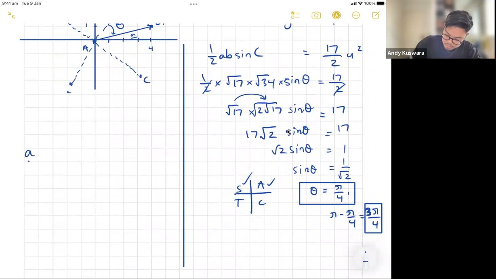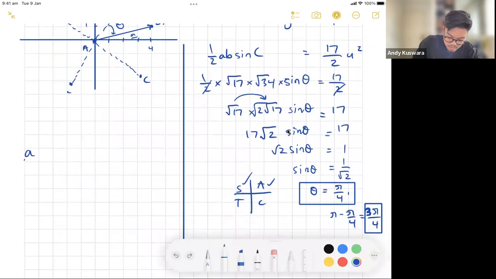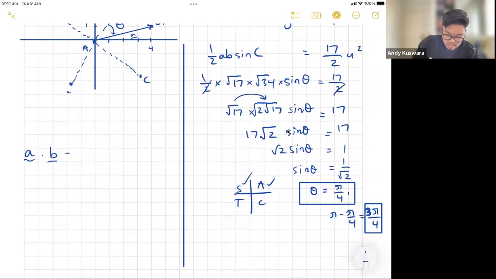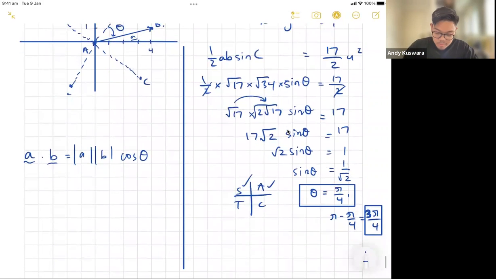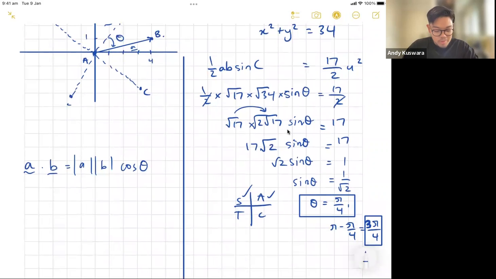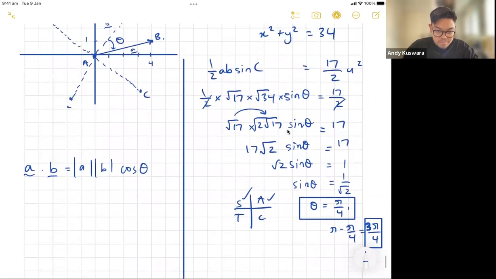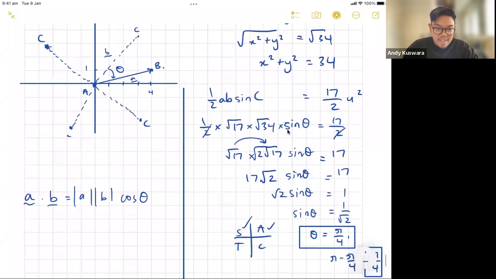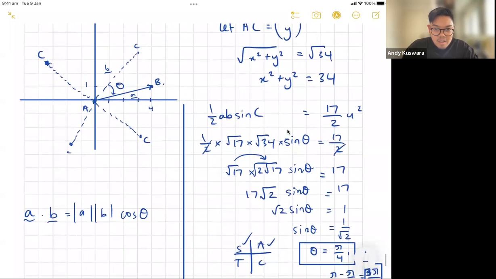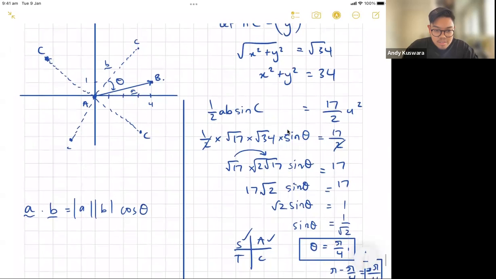I know that A dot B is going to equal the magnitude of A times the magnitude of B times cos theta. Okay, now theta, we know the angle should be pi on 4 and 3 pi on 4. So let's kind of work at this bit by bit. Now the dot product of A and B, do we know yet?